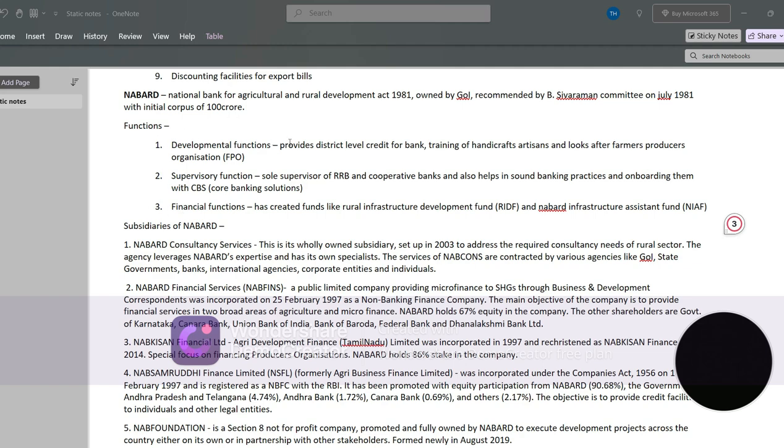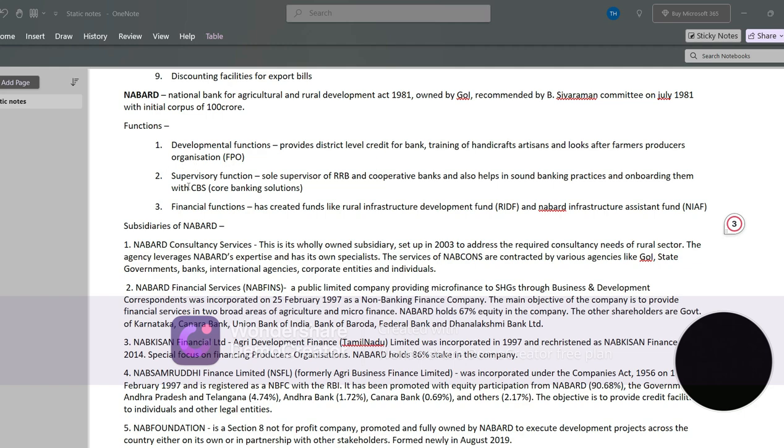Development functions: it provides district level credit for banks, trains handicrafts and artisans, and looks after farmers' producer organizations. So basically developing the whole agriculture and rural areas.